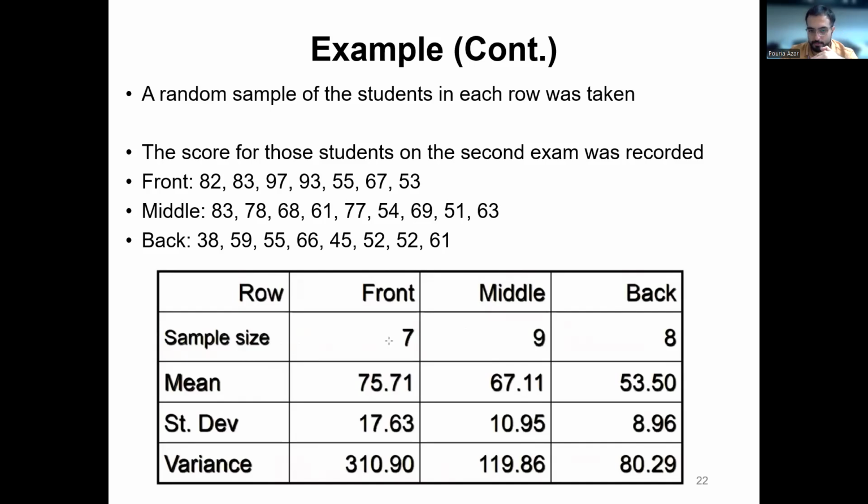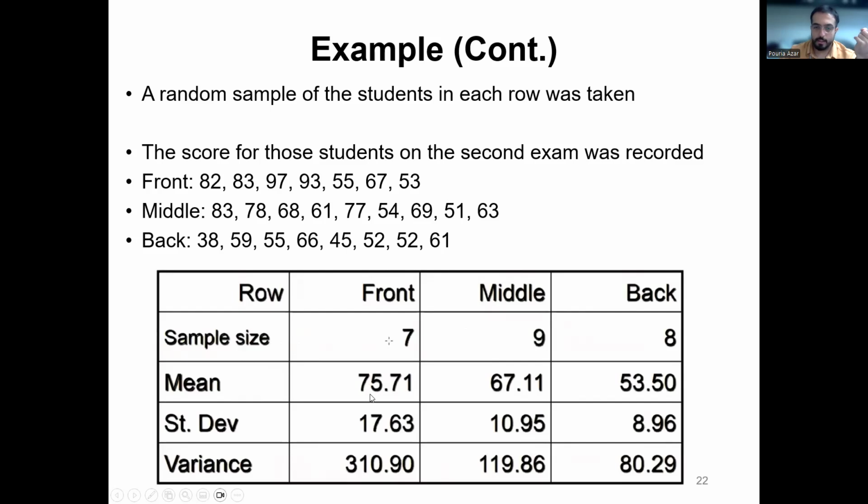That's our question. We cannot assume that our means are statistically significant. I mean, that the means are different from each other, and that difference is significant. We cannot assume that just by looking at the means. You know why? Because the standard deviation for the front row is 17.